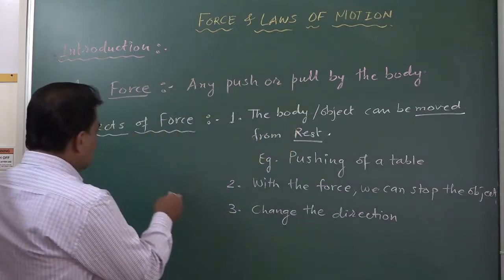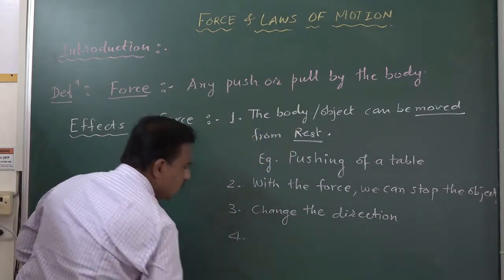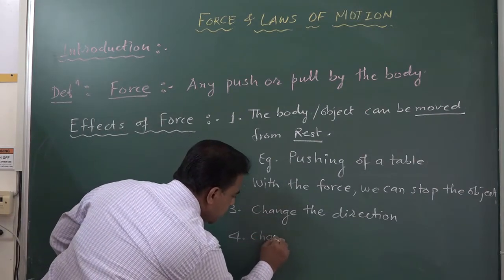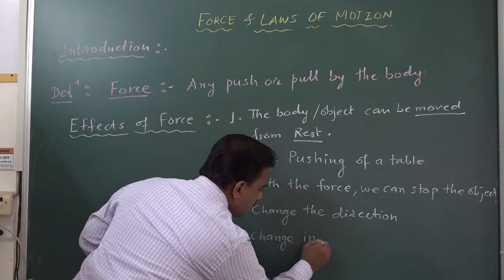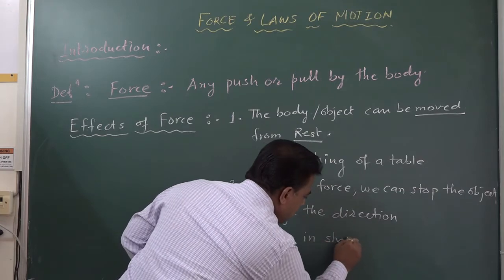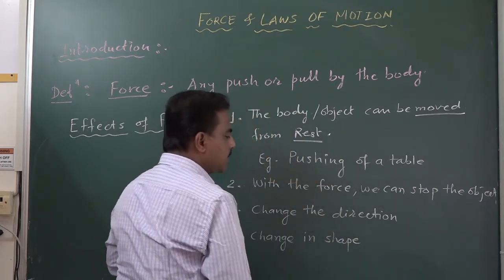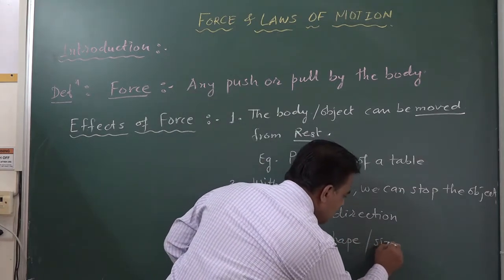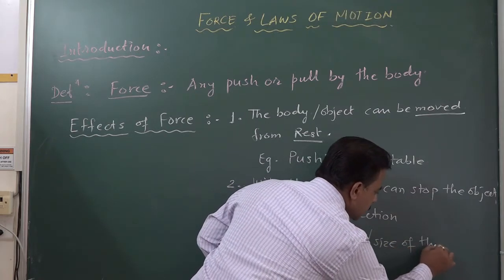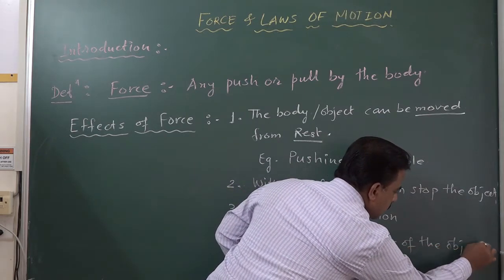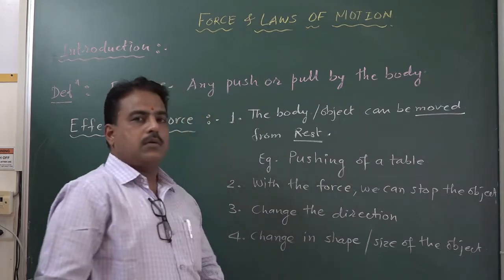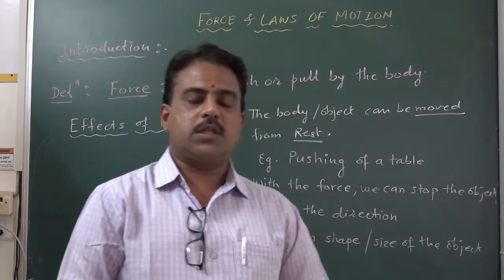Sometimes with the help of application of the force, there is a change in shape of the object, or sometimes there is a change in size of the object also. You very well know about the spring action.